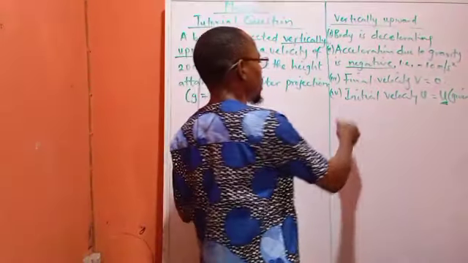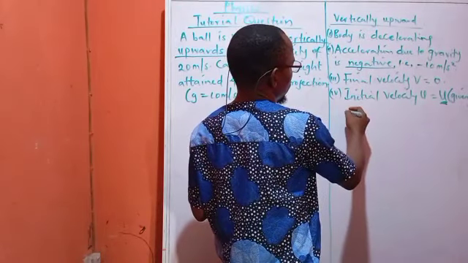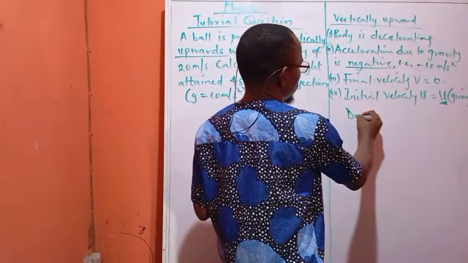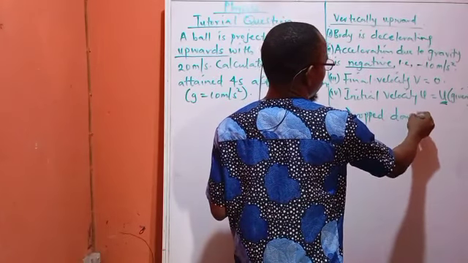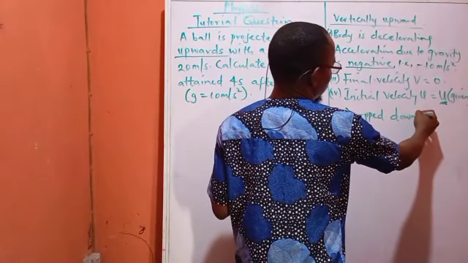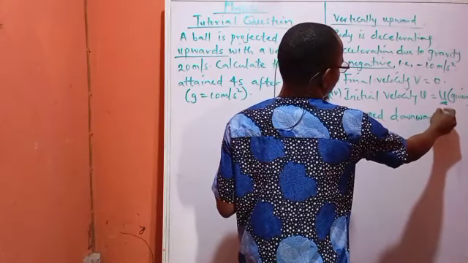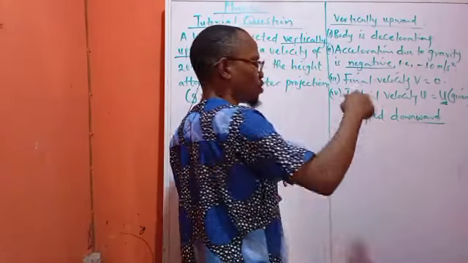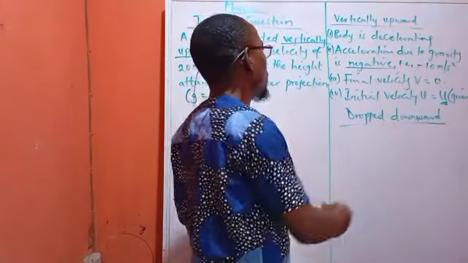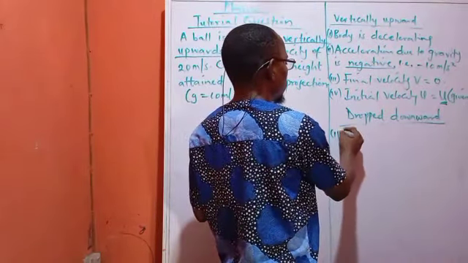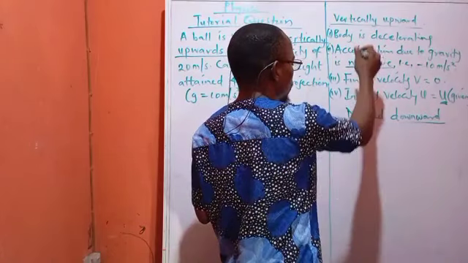Now for a body that is dropped downward, or dropped from a height, such a body is just the opposite of what we have here.